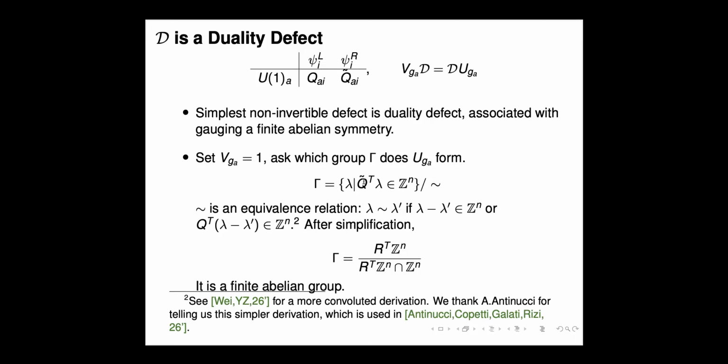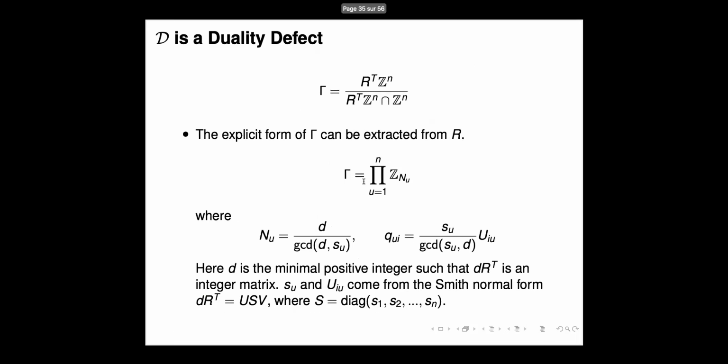Okay. So you can simplify this expression a bit more and find explicitly what symmetry, what finite abelian subgroup, you gauge, and what charge the fermion carries under this gamma. And there is a very concrete algorithm to extract all of this data.